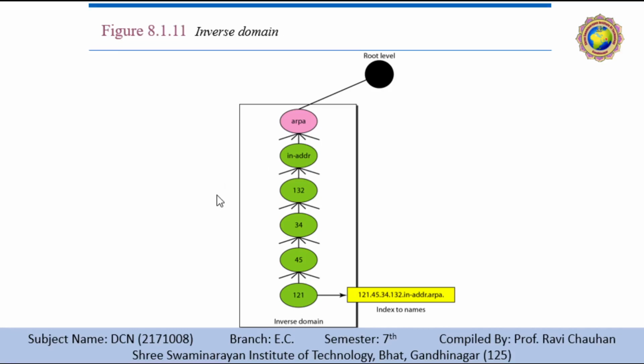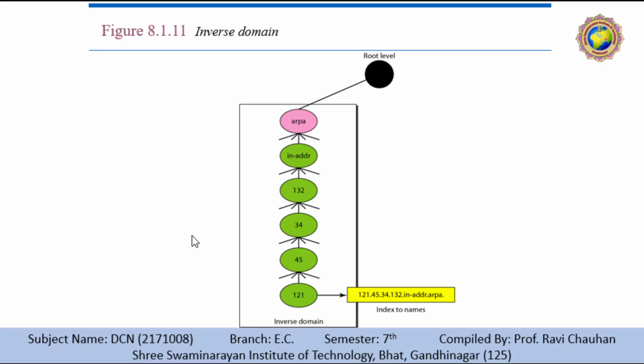This means the net ID part of the address should be at a higher level than the subnet ID part, and the subnet ID part higher than the host ID part. In this way, a server serving a whole site is at a higher level than the server serving each subnet.